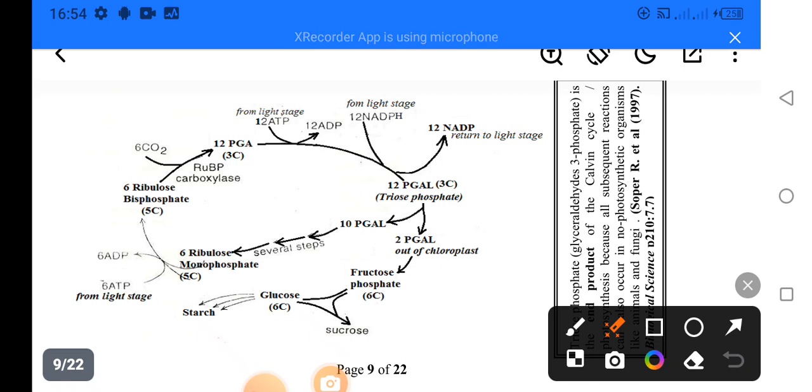Then from the light stage we also have the 12 NADPH and the 12 NADP, that is the returning to the light stage. We form what we call the 12 triose phosphate, or what we are calling the 12 PGAL, in bracket, the 3 carbon.